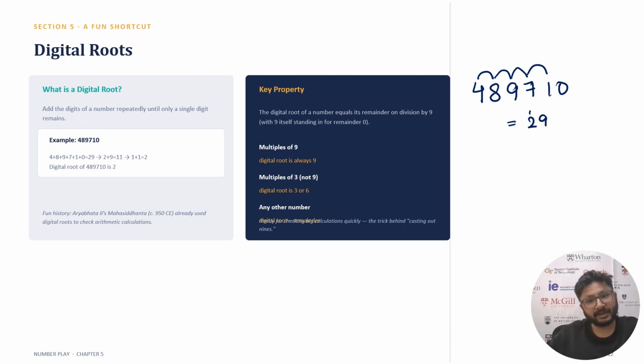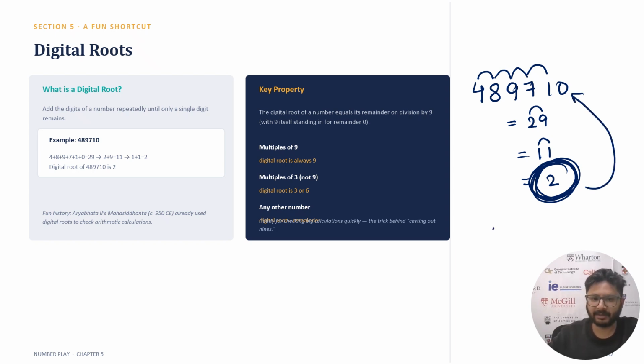Now again add up the digits. 2 plus 9, 11. Again add up the digits. 1 plus 1, 2. This is the digital root or digital sum of the number. This is just a terminology that we need to understand.